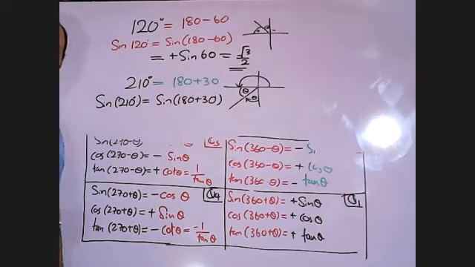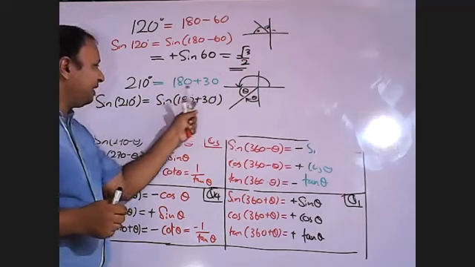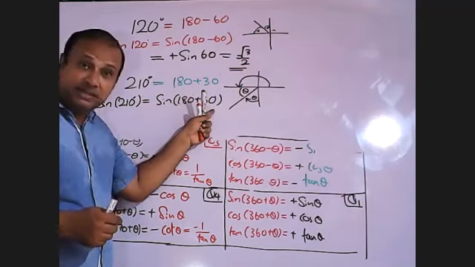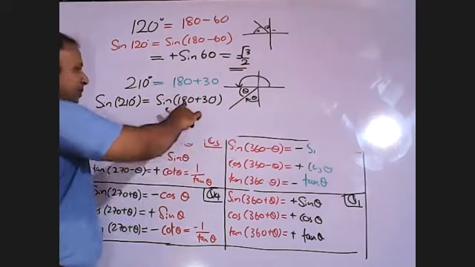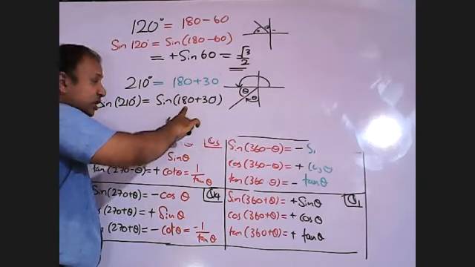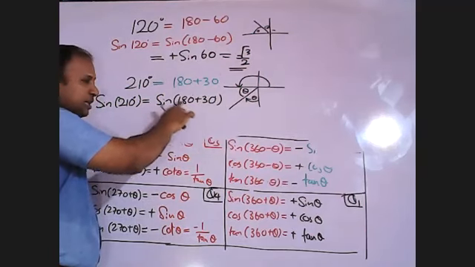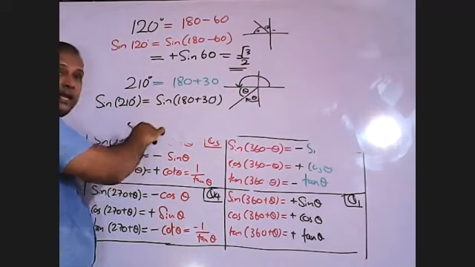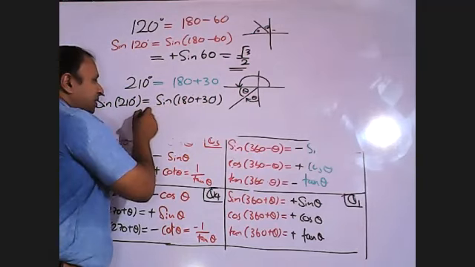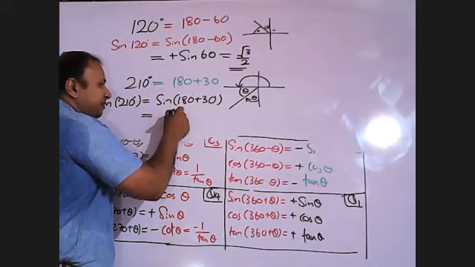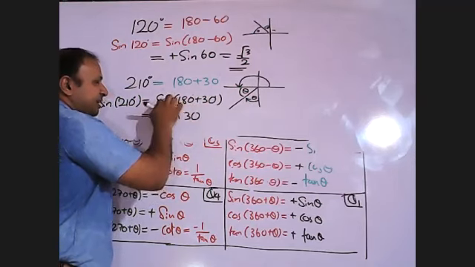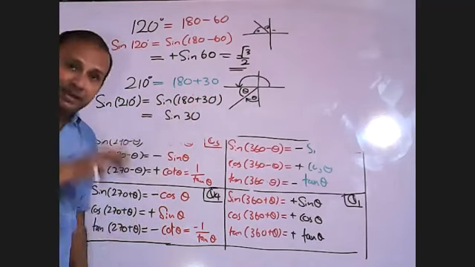Again, this is something like 180 plus theta. 180 means it is an even multiple, so if it is an even multiple, sine remains as sine. Therefore, this one is equal to sine 30 in magnitude.